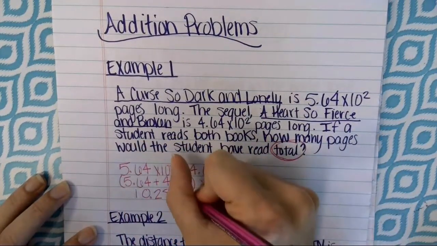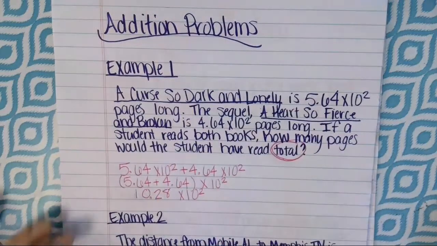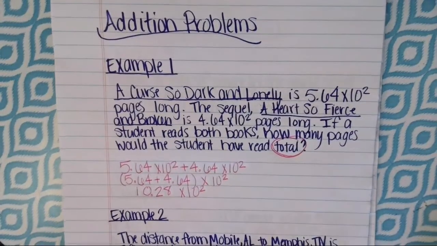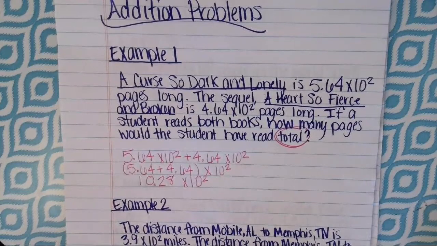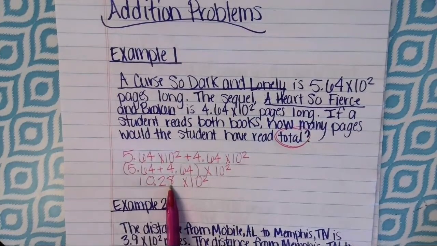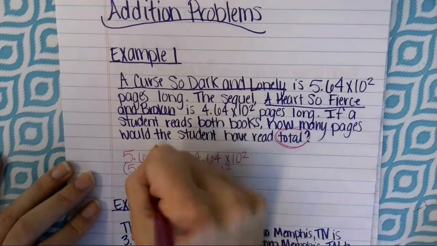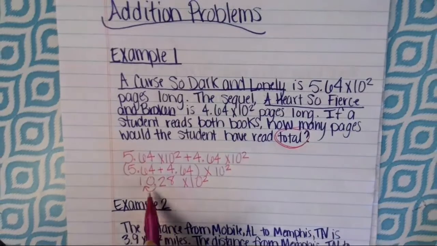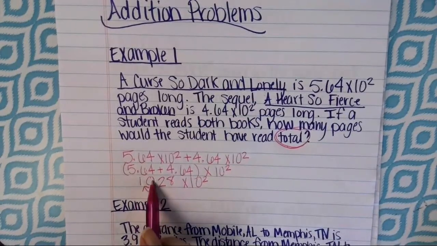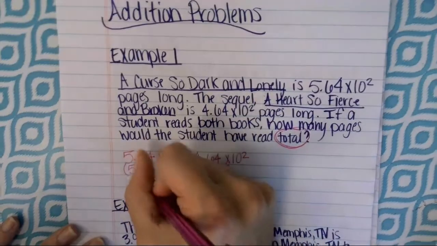10.28 times 10 squared, but we always have to look at the end and make sure that we are still in scientific notation. So I look at this number, 10.28, and I realize that that number is larger than 10. So I need to move my decimal place, and when I move it to make this number smaller, that means that I need to make my exponent larger.